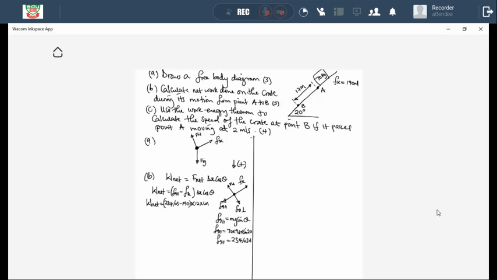We are getting a positive F net here, which means the direction of F net is down and the object is going down. And remember, under cos theta, your theta is the angle between force and direction of motion. So your F net is positive, which means it's going in the downward direction and the object is going down. So your theta is going to be 0 degrees.